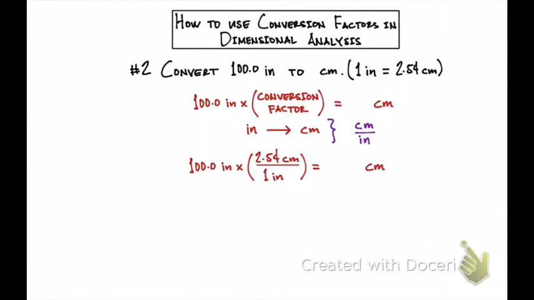And so now you can see algebraically how the unit inch cancels out, and you're left with the unit that you want in the numerator, which is centimeters. So you can just plug this into the calculator, 100.0 times 2.54 divided by 1, and that gives us 254.0 centimeters. So again, you always have to look at the number of significant figures. If you started out with 4, you should also end up with 4.